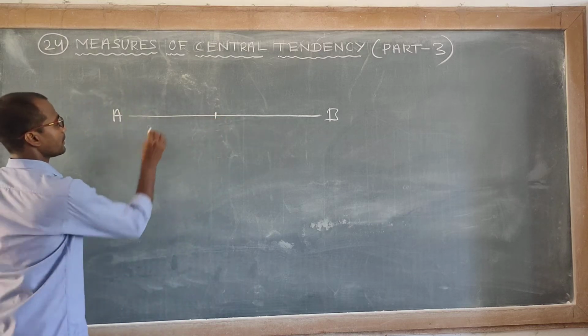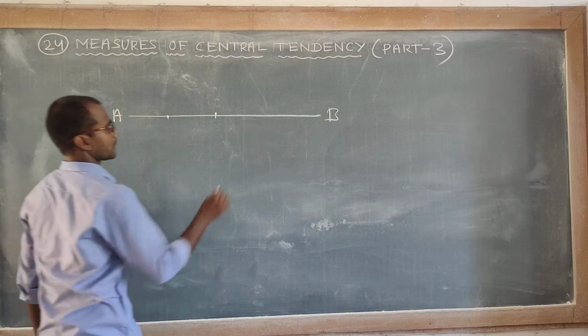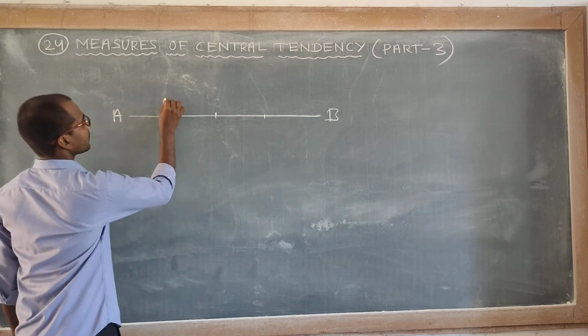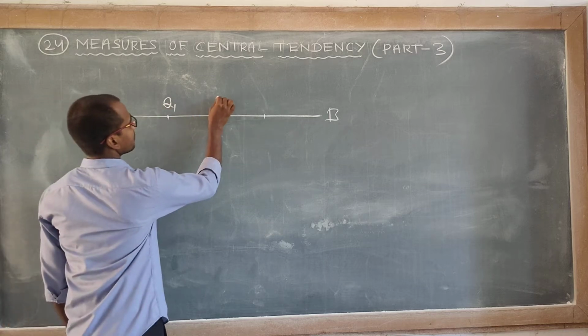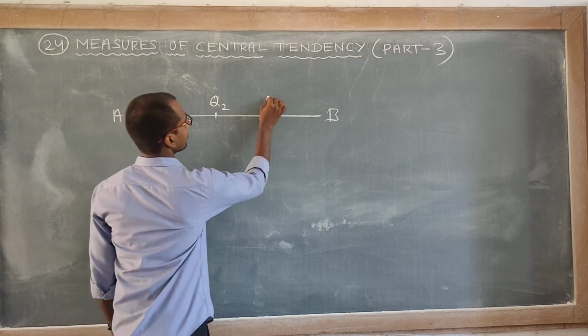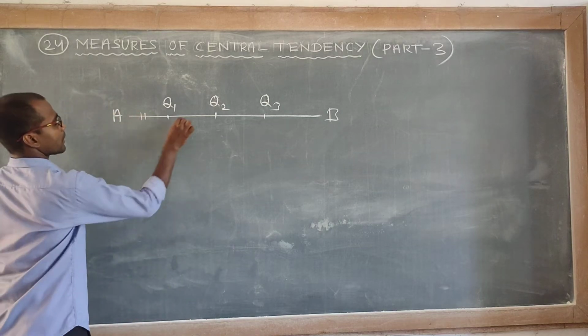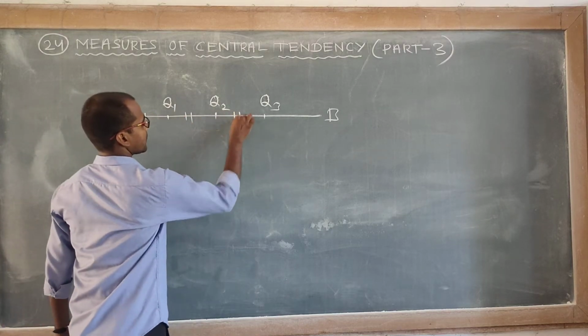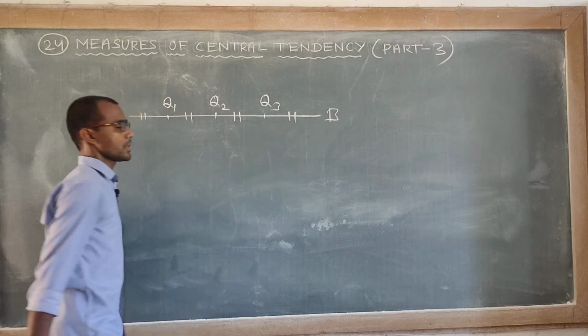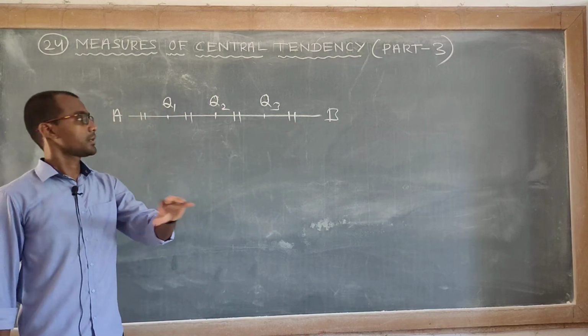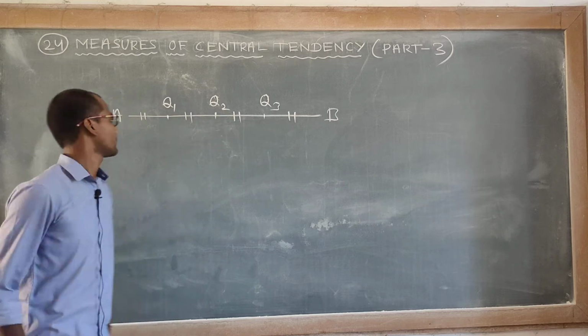So this is the middle, this is 1/4, this is 3/4. Okay, this is Q1, Q2, Q3. Okay, this is equal to this is equal to this is equal to this. So I have divided AB into 4 equal parts by taking 3 points Q1, Q2, Q3.